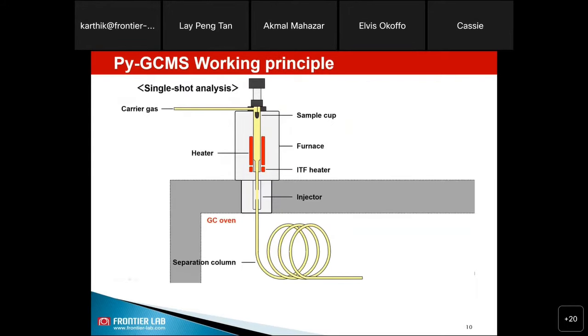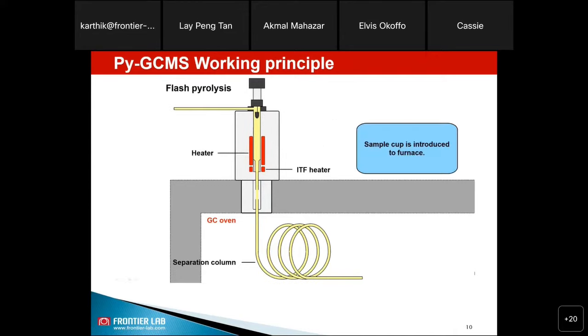Okay, that's a small animation which again explains how this is done. So please watch this carefully. When you have your sample, it is kept in this sample cup, and when you start the analysis, please watch for the messages also. The sample cup is introduced into the furnace and the sample is pyrolyzed or thermally decomposed.